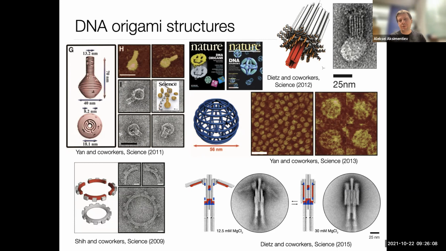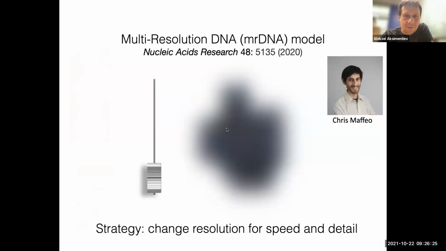In principle, you can run such a simulation using all atom MD, but it's going to be a waste because you end up modeling mostly water for a very long time. So we had to think of something else, and that's how we came up with this multi-resolution DNA method, Mr. DNA, and Chris Maffeo, who is Mr. DNA himself, will be available in the afternoon to tell you how it works.